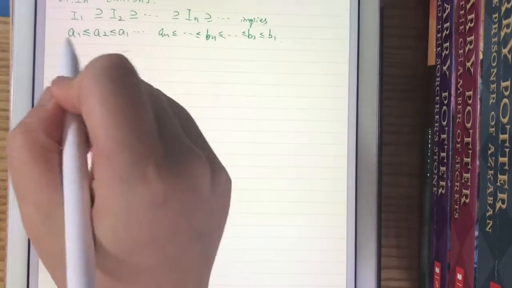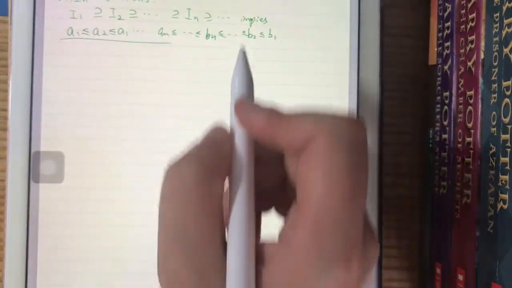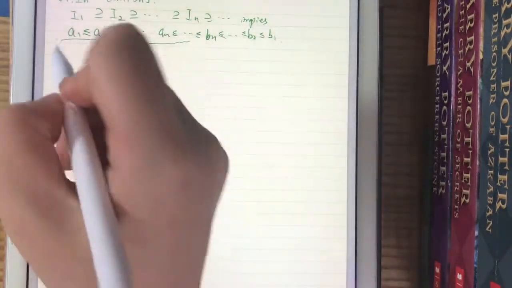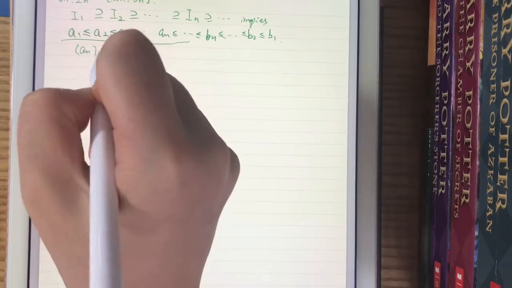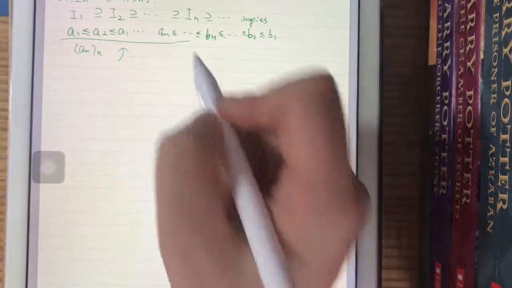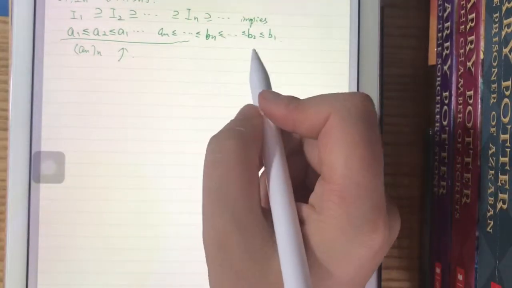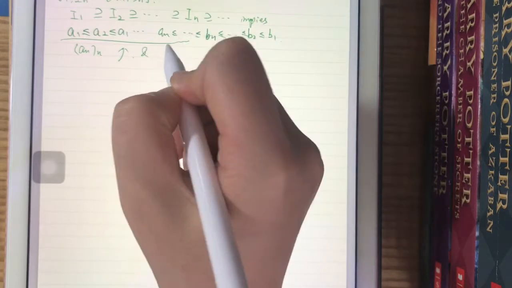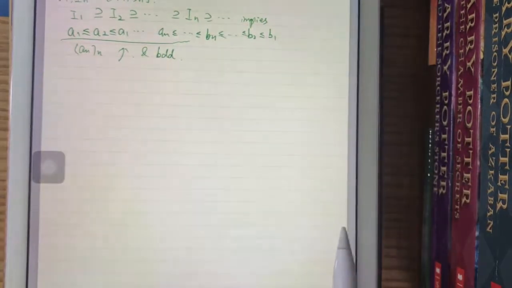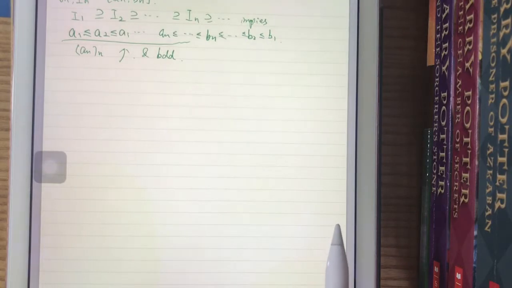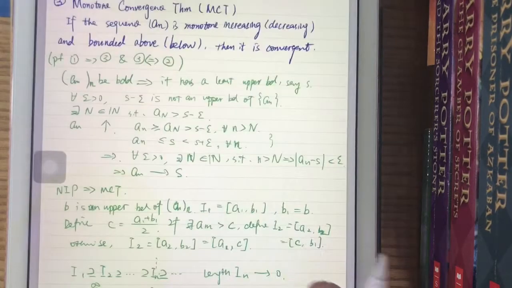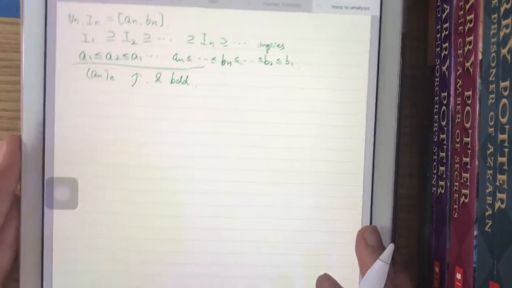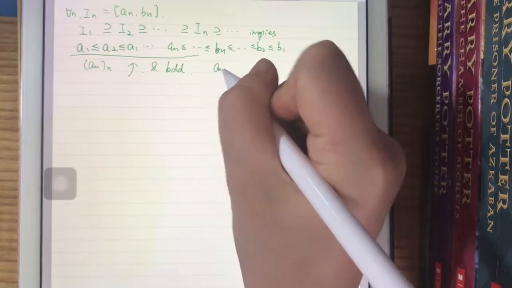Now you can say that this sequence A_1 to A_n and so on is monotone increasing and is bounded, right? Because each B_n is an upper bound for the sequence. So a_n is monotone increasing and bounded, right? So by the monotone convergence theorem, we know that this sequence is convergent.